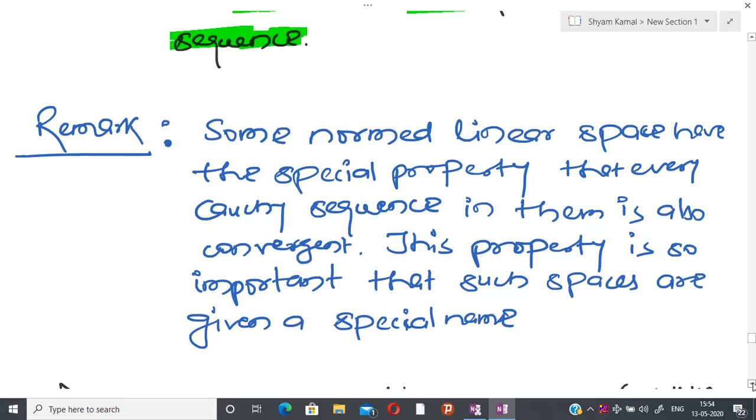In that way we are able to solve the nonlinear differential equation also. Due to that reason, this property is very important.